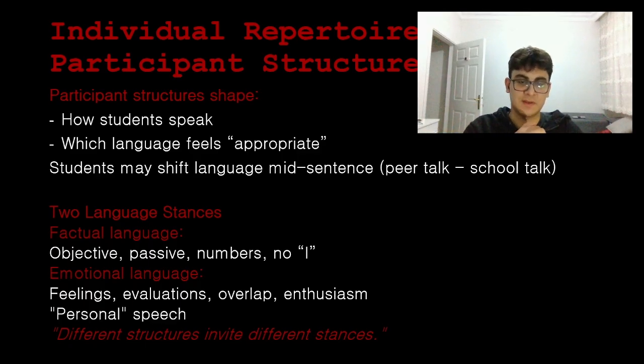Students may shift that language mid sentence, mid speech, and so on. I will be mentioning two language tenses, which are factual language, which is objective, passive, and numerical, that uses no I, my, myself, which is just true statements and nothing else.